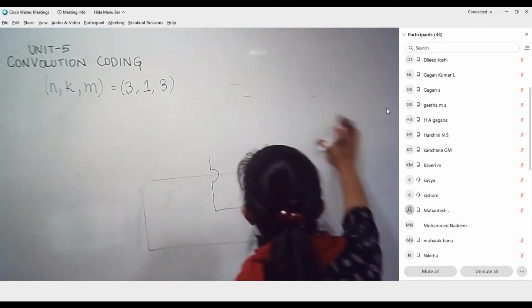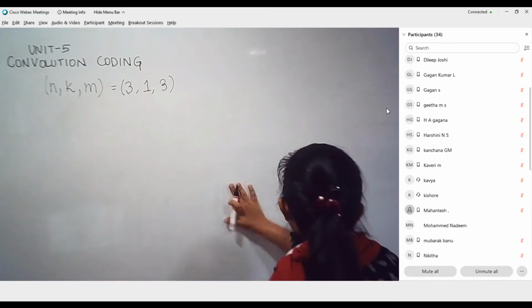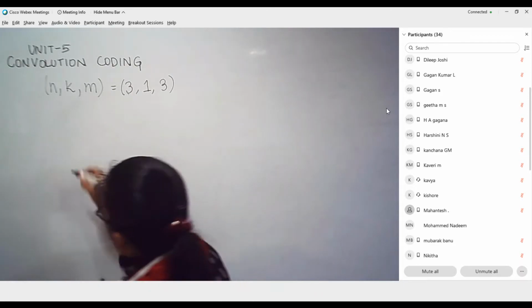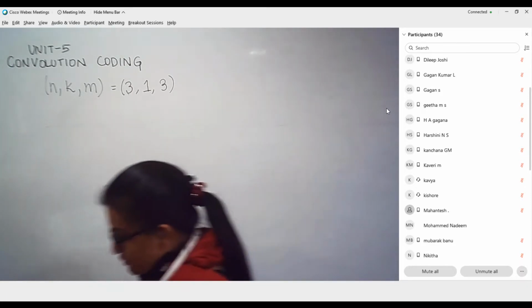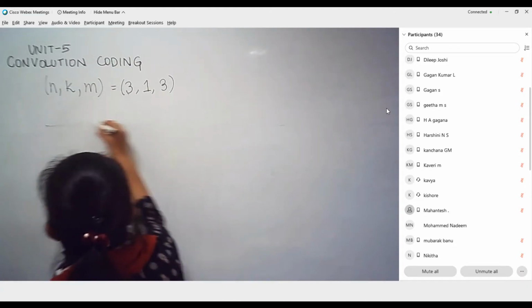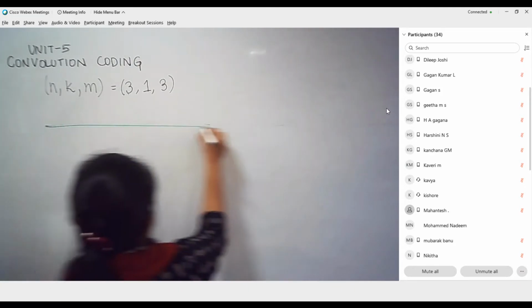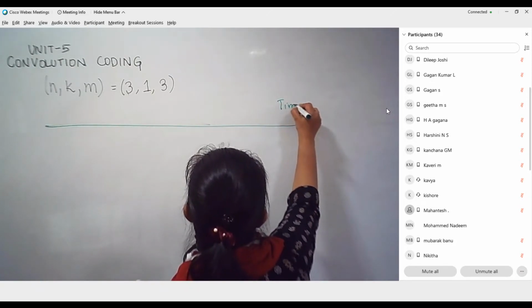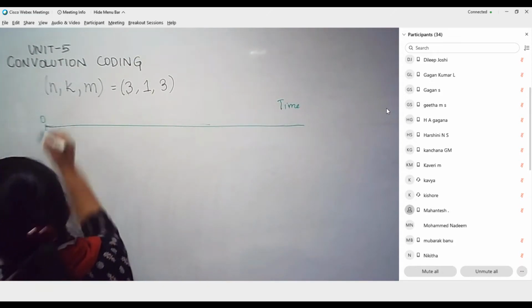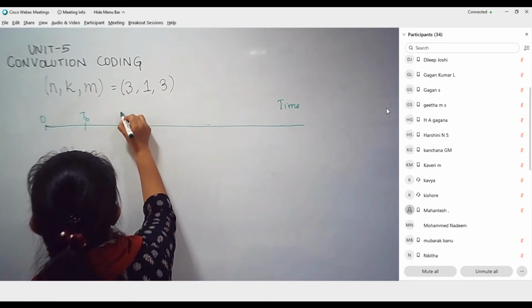So we will consider the example of this particular convolution encoder at different time instances. Let us see what will happen. So in short, at different time instances I am going to try to give you the output as well as the inputs within the shift register. So I am going to tabulate the time against, this is my time axis, at time instance 0, after the time TB.